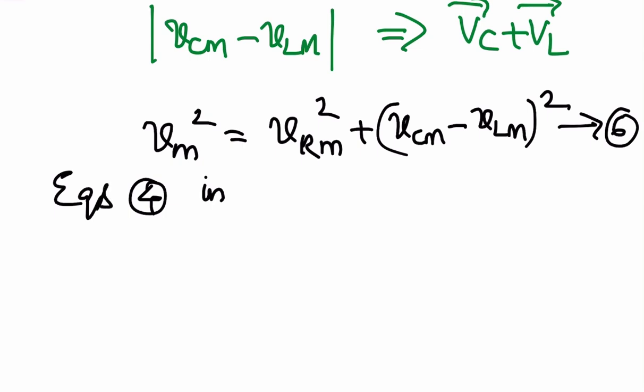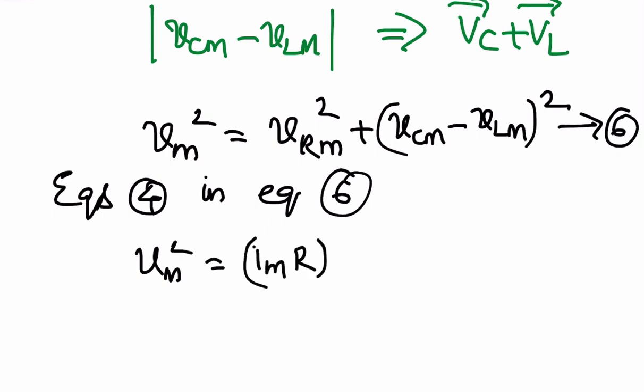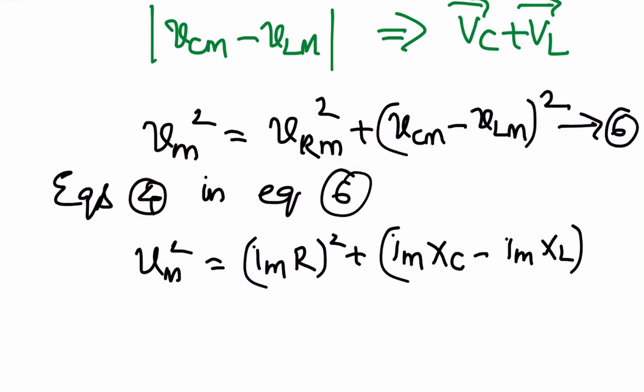Vm square is equal to Imr whole square plus Imxc minus Imxl whole square. So you can take out Im square common, it will become R square plus Xc minus Xl whole square.